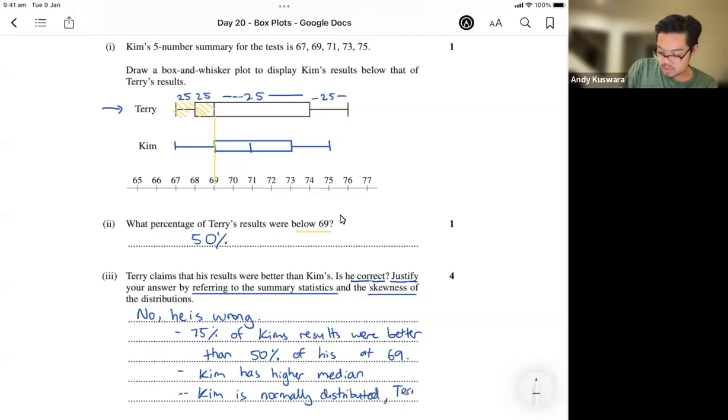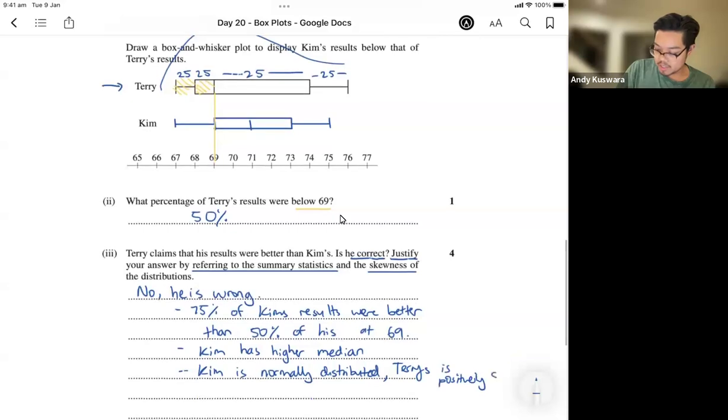And Terry's, if you look at the bunch of the data, it would be closer to the bottom half. So we would say that is positively skewed. I apologize for the disgusting writing. But mentioning these things here should be more than enough to give you your 4 marks here.